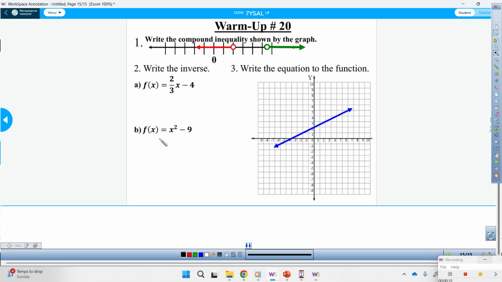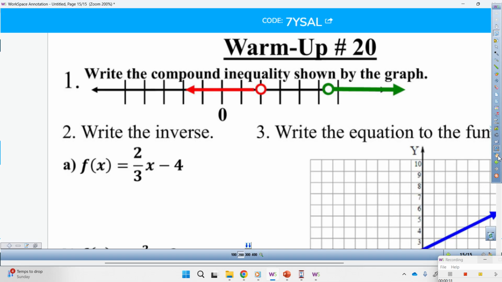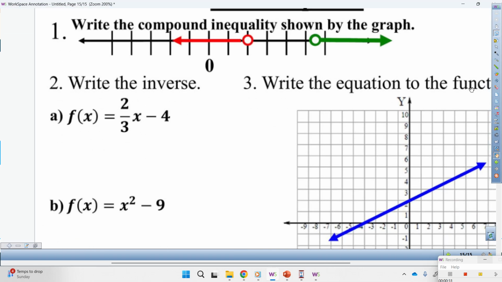For number 2, we have A and B. I just want to make sure that we got the process correct. So for number 1, Natalia, can you give us the inequalities? Let me zoom in. What was it? I'm sorry? 2, and then over here, X. And what goes in between?